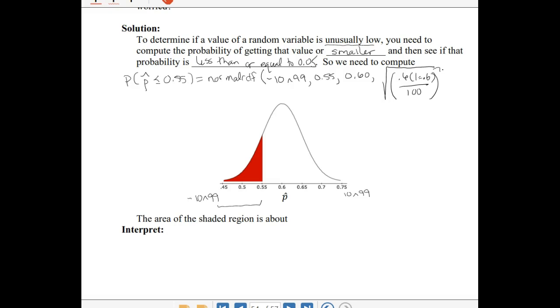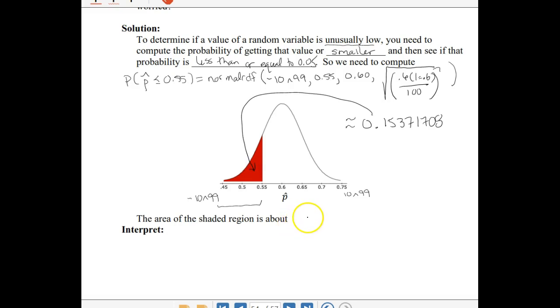So you should pause the video and make sure that when you type this in on normal CDF that you get the same output I'm going to write here. If we do that, the output should come out to be 0.15371708.